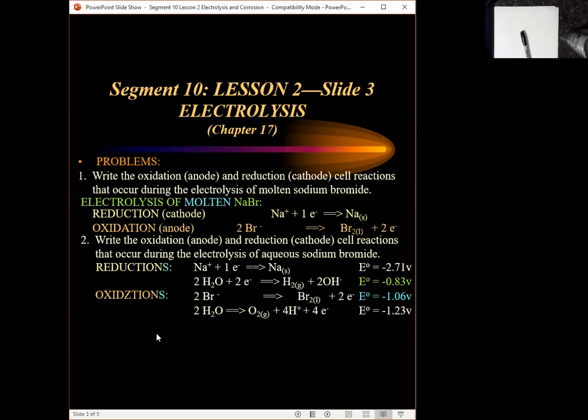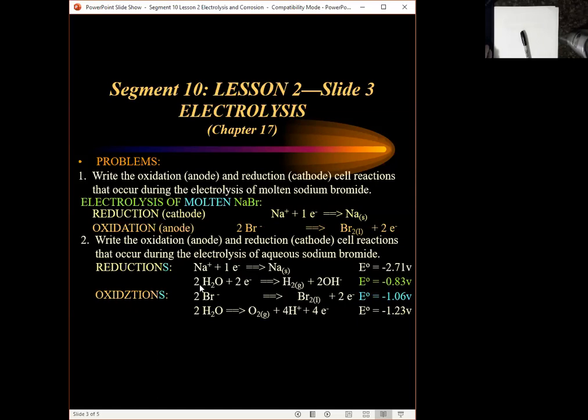Now, we're going to have to pick one of the reductions and one of the oxidations. The reduction that occurs in real life is always going to be the one with the most positive potential. So comparing sodium and water as reductions, water is reduced at minus 0.83 volts, but you'd have to go all the way to minus 2.71 volts in order to reduce sodium ion.